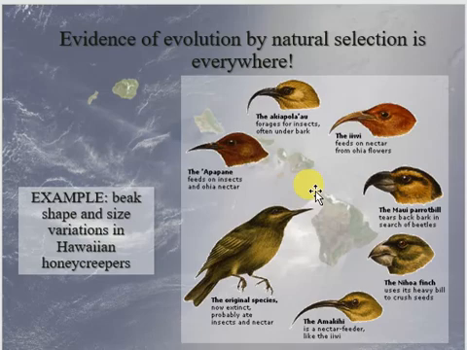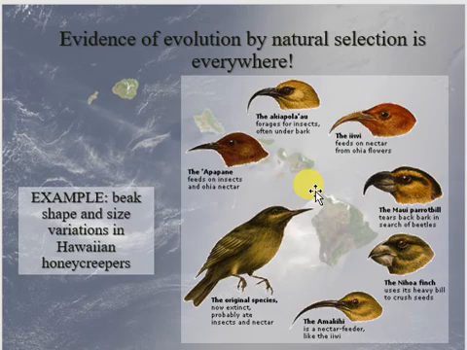So as I said, they vary in beak shape and size, and those variations are related to habitat and diet. That allows them to occupy an array of niches while minimizing competition and niche overlap.